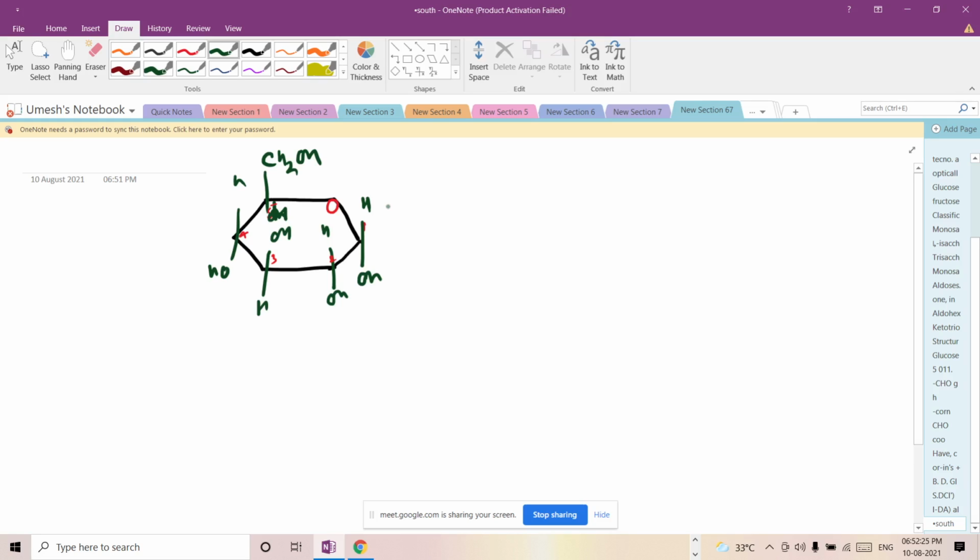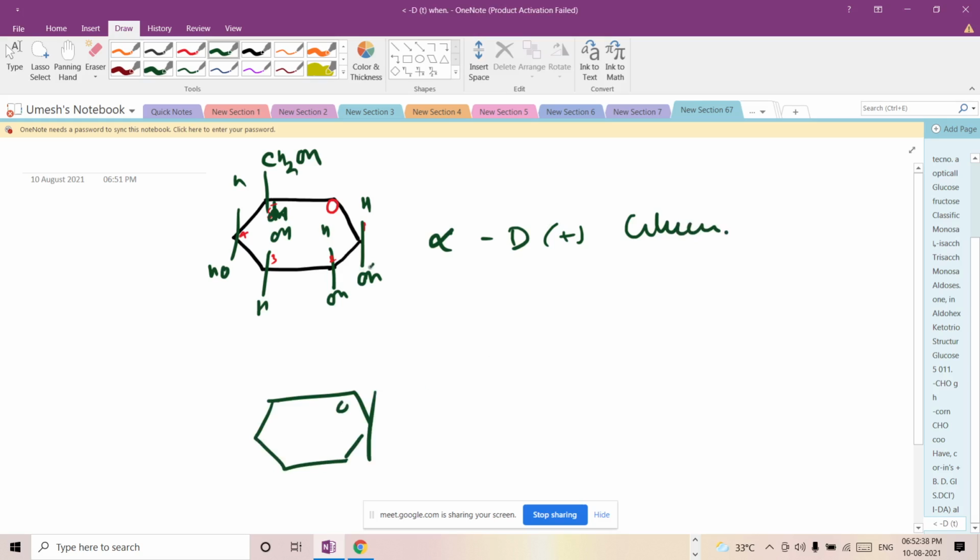This representation, OH below, shows that it is the alpha D plus glucose molecule. And in the beta D glucose, only one change will be observed, that is the OH will come above here, beta D plus glucose. So that's how we can represent the structure like this.